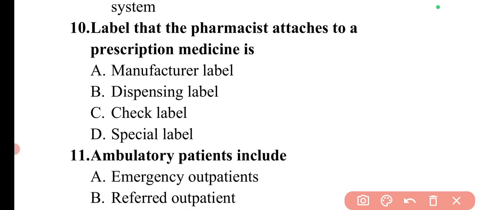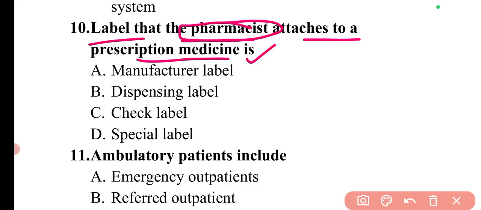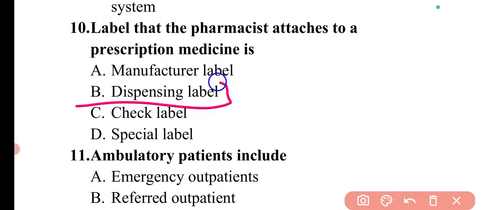Next question is, the label that the pharmacist attaches to the prescription medicine is. So when the pharmacist attaches a label to a prescription medicine, this label is known as the dispensing label. So here option B will be the correct answer.